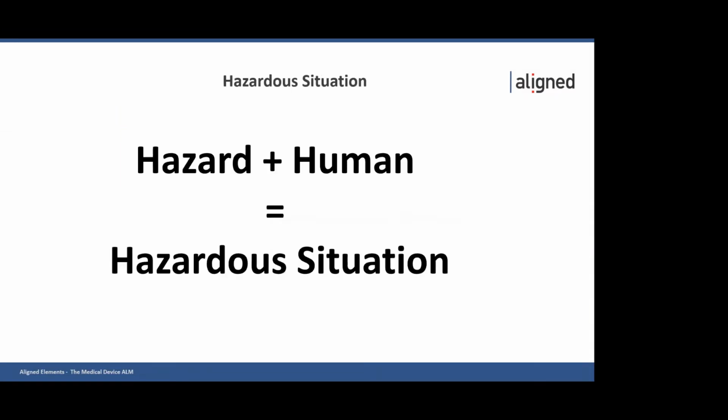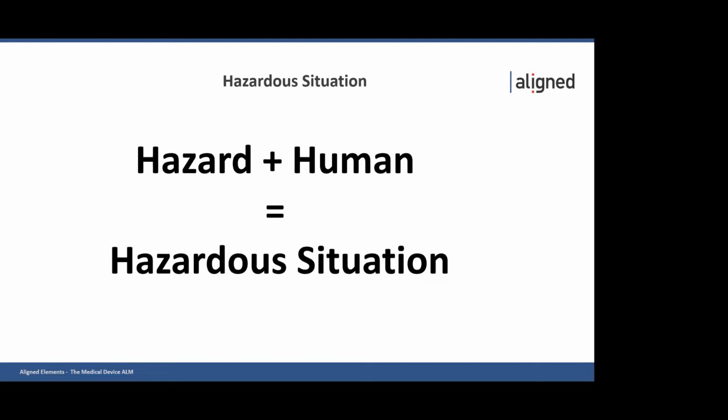So when it comes to risk identification, what is the outcome of the risk identification process? In general terms, it's just risks, right? But I want to define it a little bit tighter. In the example that I'm going to show you today, the outcome of the risk identification is hazardous situations.